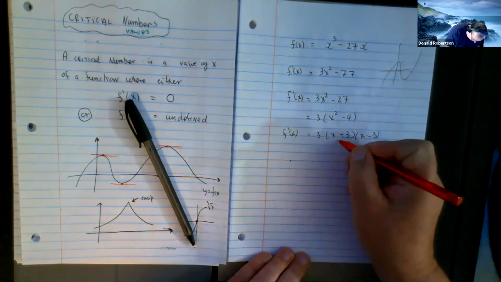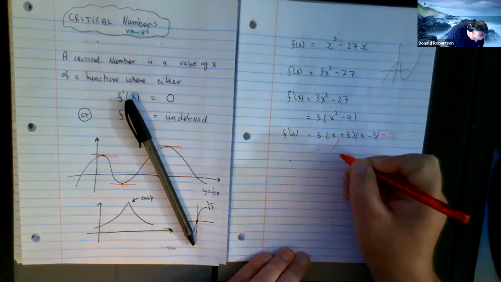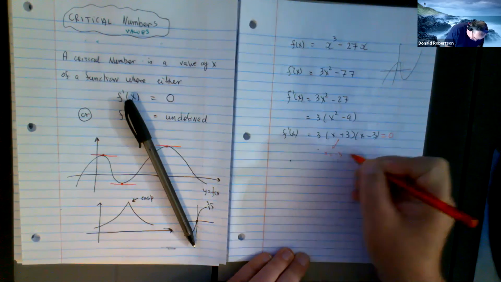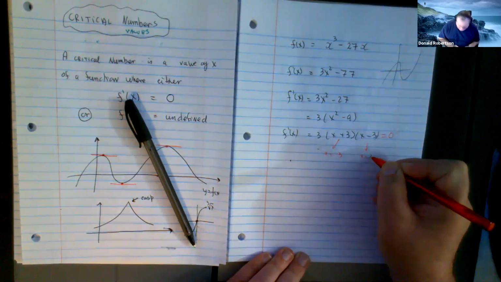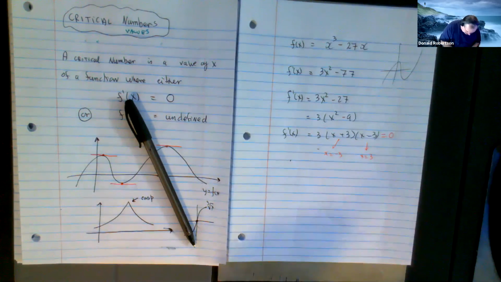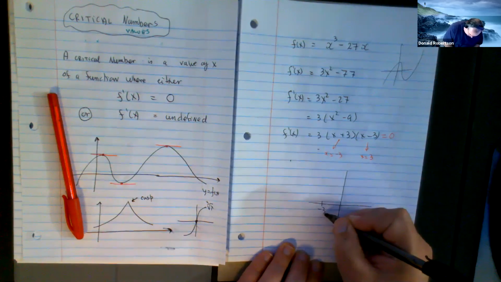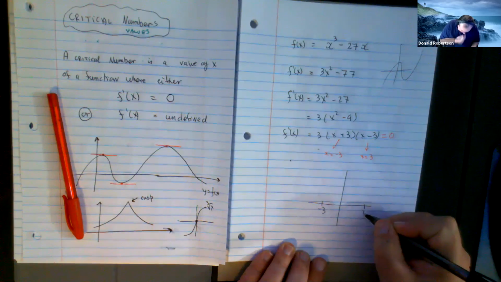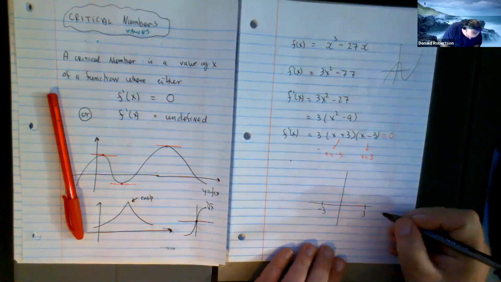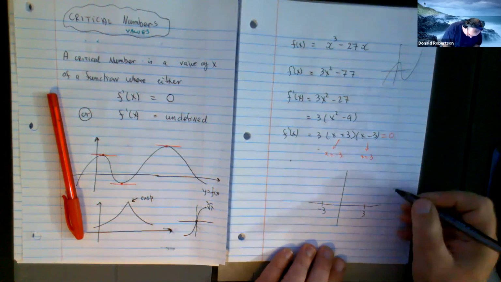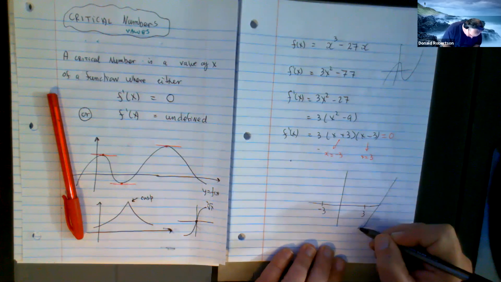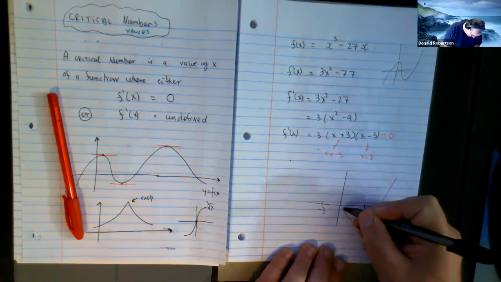Now in this case here, won't this be equal to 0 when x is -3 and when x is equal to 3? So if I actually drew this particular cubic function a little bit more accurately, I think you would find it looked like this.